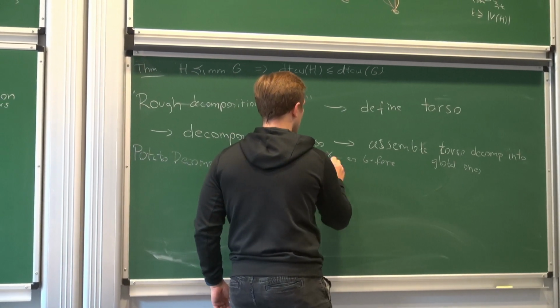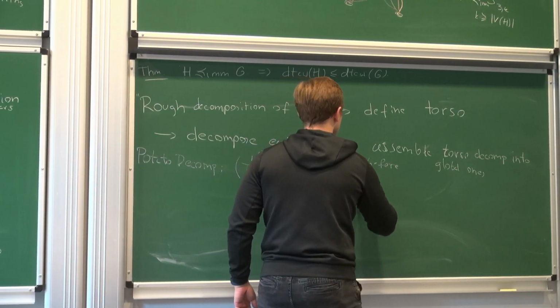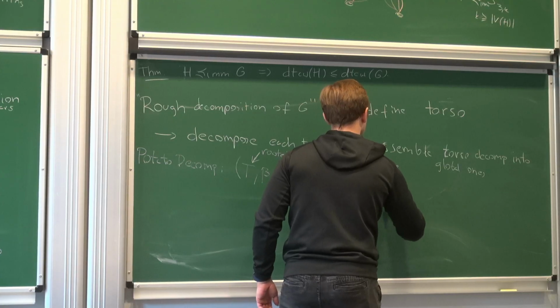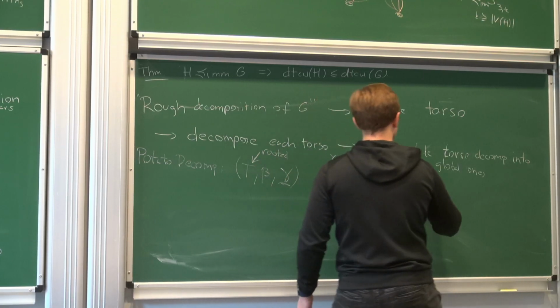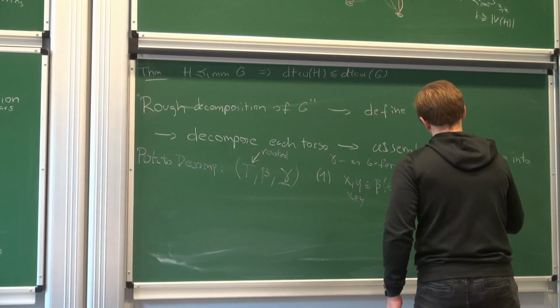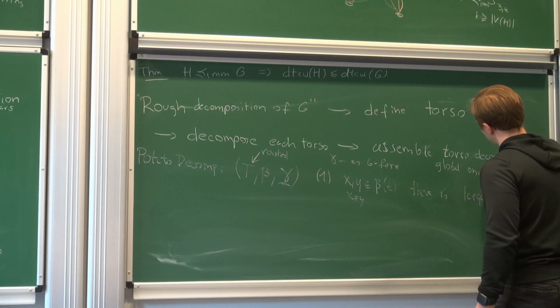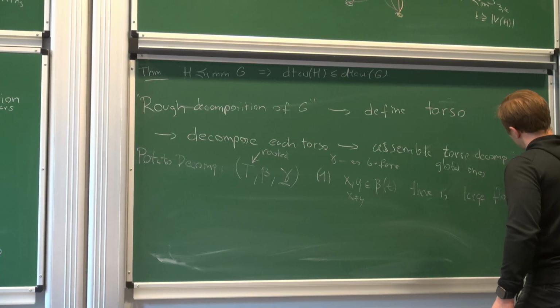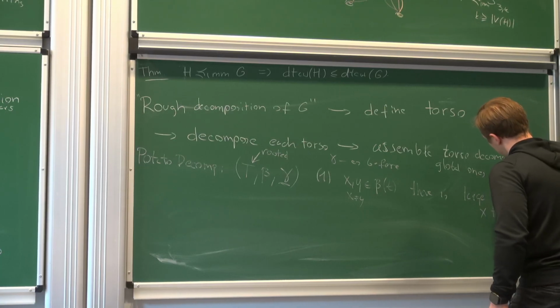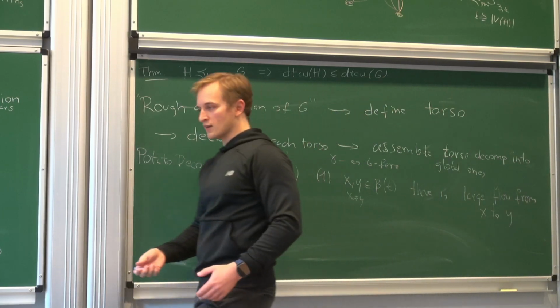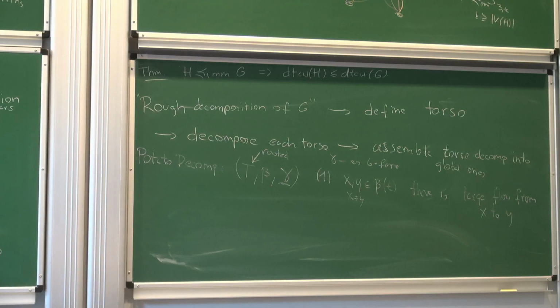The first one is that if I have x, y in beta of t, with x different from y, there is a large flow. What I require of this decomposition is that if I leave two nodes in the same bag, the only reason I can allow myself to do that is because I see pairwise flows between those vertices.